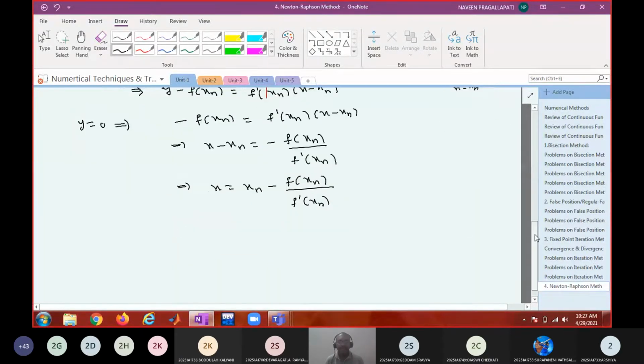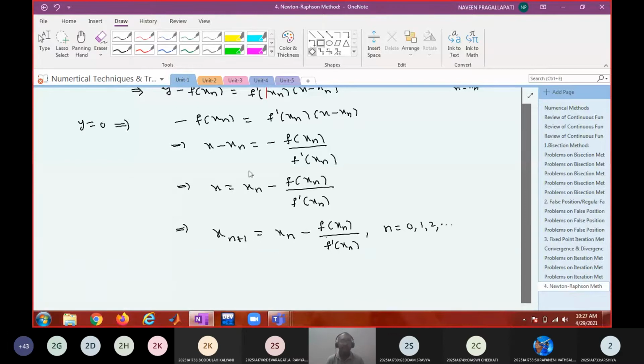This we are calling xn plus 1, equal to xn minus f of xn by f dash of xn, right? And what are the n values? n is starting from 0, 1, 2 and so on.